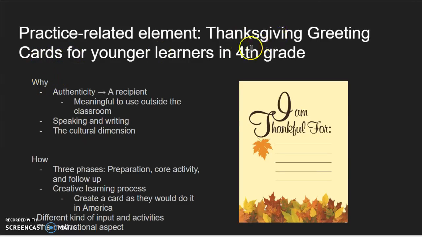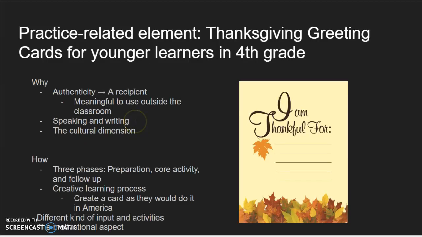I have created this task to ensure authenticity due to an authentic recipient, which will hopefully make it meaningful to use outside the classroom. I have also made this task to focus on the skills speaking and writing.